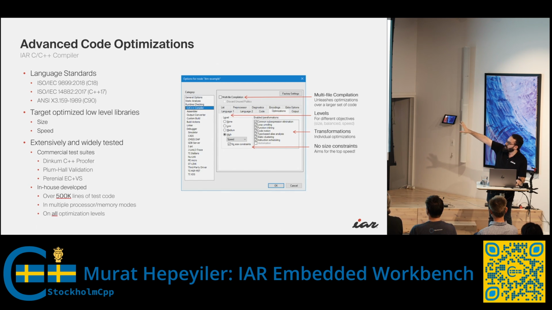On the right side, you can easily select which optimization level you want: none, low, or high, and you can specify speed, size, or balance. You can also enable or disable specific optimizations during the compile process. I will show this window in the demo section and explain it a bit more.